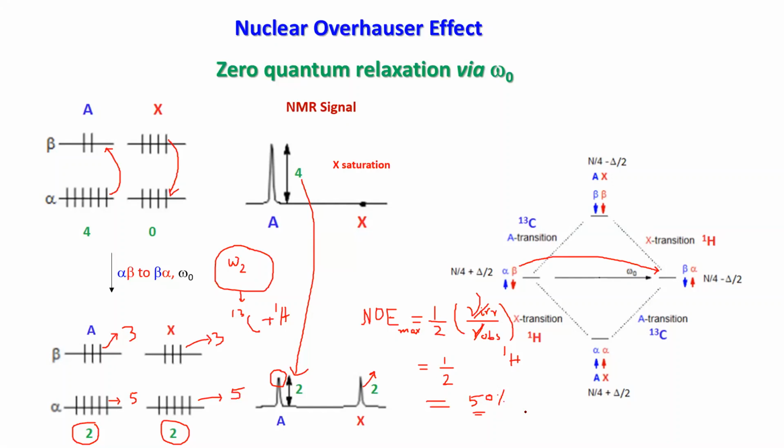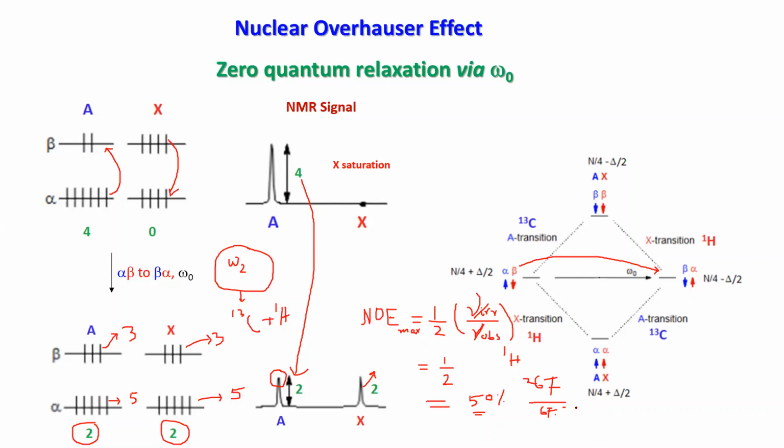Got it? Whereas for 13C, it will be 200%. In the last class, 267 for proton, and for 13C, can you remember the gyromagnetic ratio? Anybody? 67.28. 67.8.